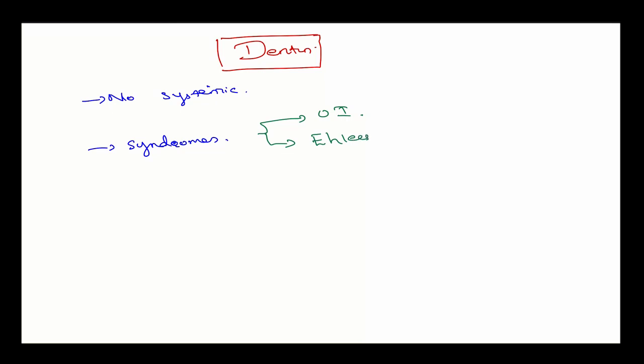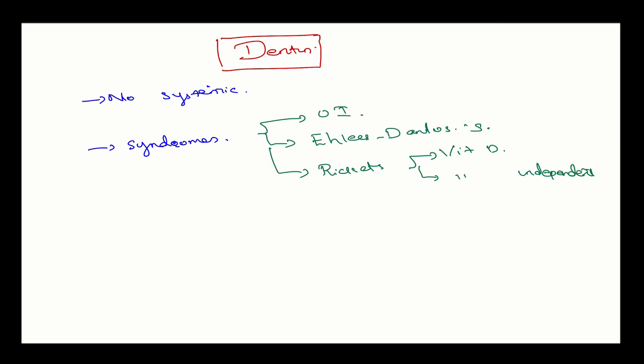Then just two more to remember: Ehlers-Danlos syndrome, and finally rickets, which is vitamin D dependent and vitamin D independent, or vitamin D resistant. So these are the three syndromes you have to know.